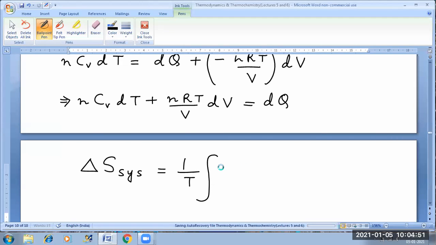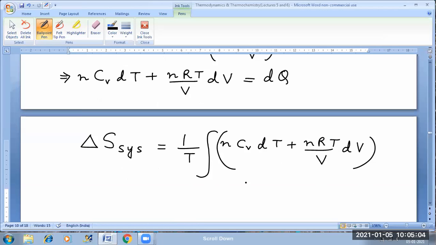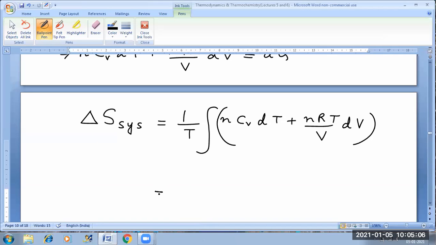And this dq is nothing but nCv dT plus nRT by V dV. n is a constant, I can take it outside. T is a constant, I can take it outside.